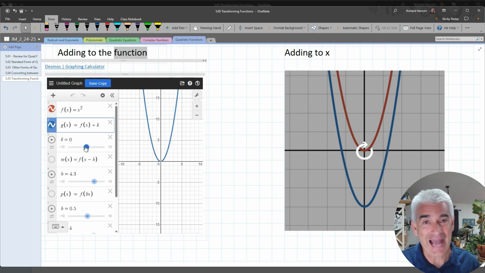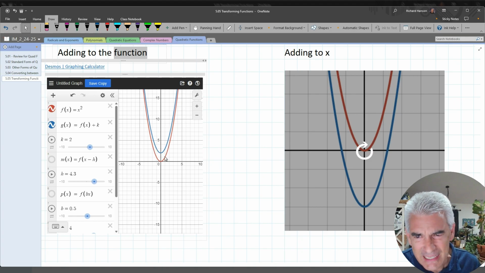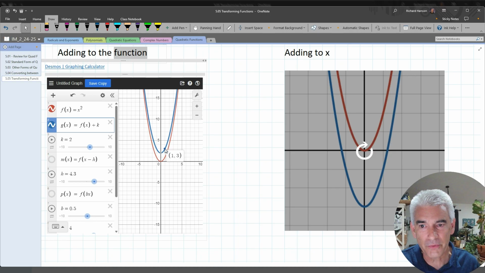This is adding 0. This is adding 1, adding 2. All it's doing is taking every point on this graph, like this point here, 1, 1, and shifting it up 2 units. So this graph is going to have the point 1, 3.